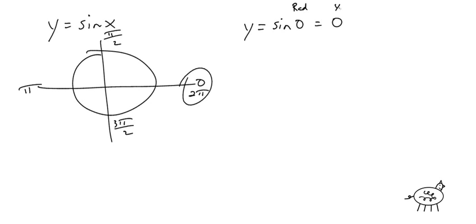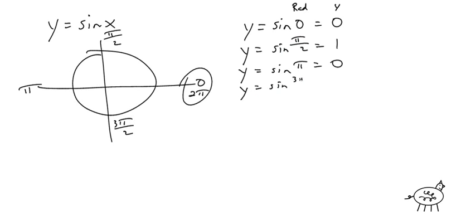So that's like your x value. Then y equals sine of pi over 2, and that's going to be 1. Y equals sine of pi, back to 0. Y equals sine of 3 pi over 2, that's -1, and y equals sine of 2 pi, that's back to 0. So it fluctuates between 0, 1, 0, -1, and 0.